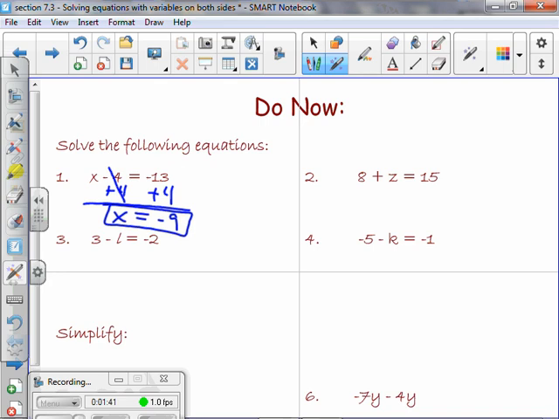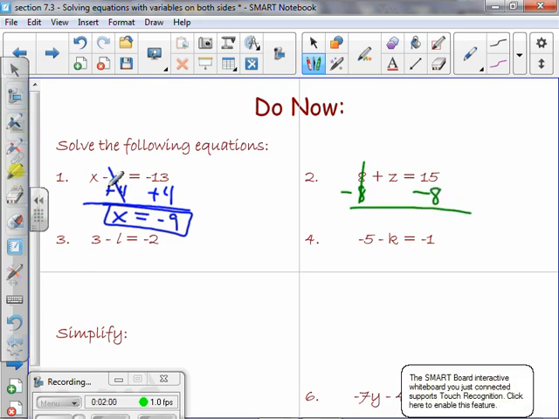We still have to get rid of the 8, and the way we do that is by subtracting 8 from both sides. I'm left with positive z, and that is just z. So z equals negative 15 minus 8, which is negative 23. Okay, we're done.